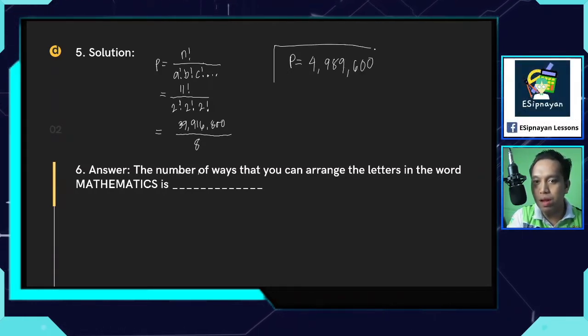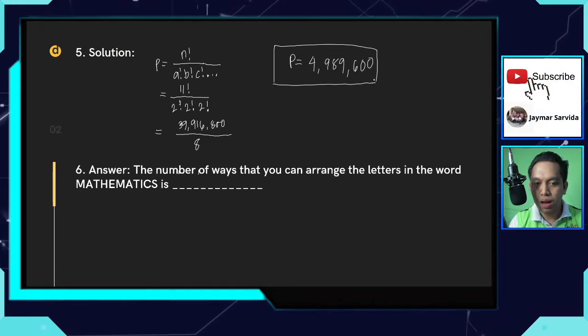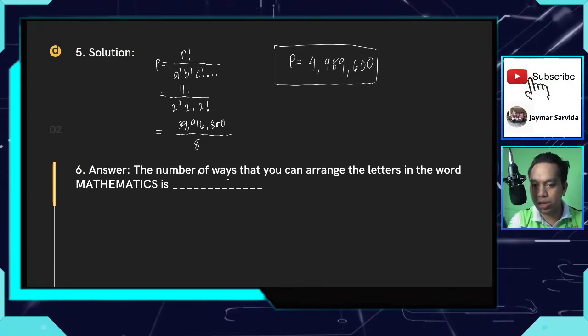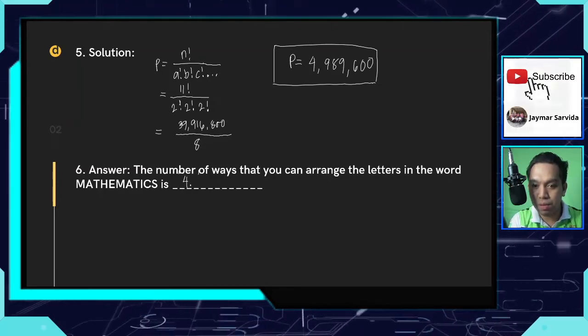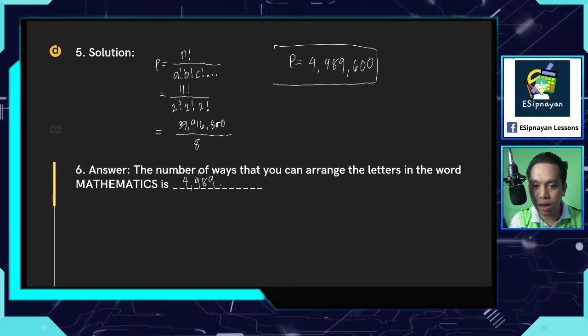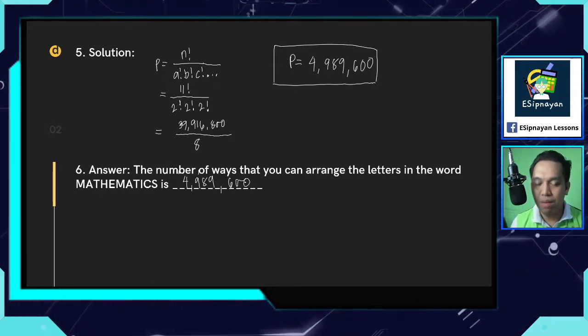So ito yung number of ways that we can arrange the letters in the word mathematics. So the number of ways that you can arrange the letters in the word mathematics is 4,989,600. Ganyan kadami.